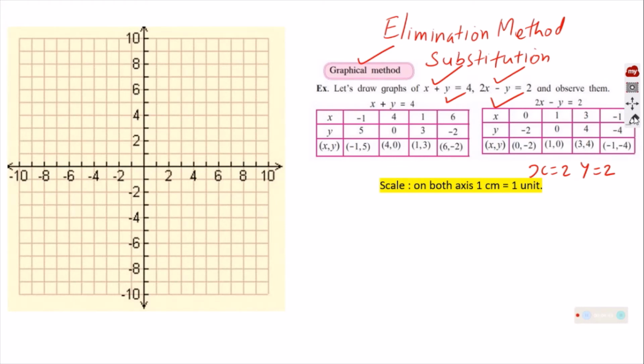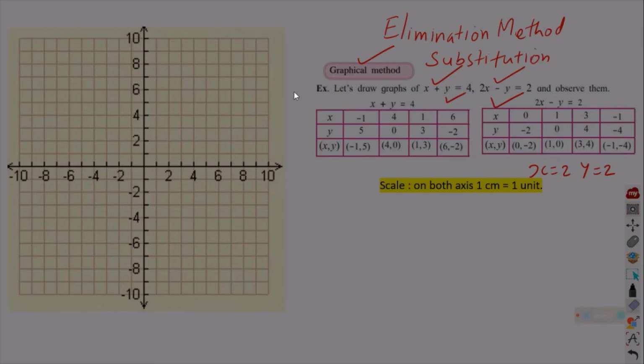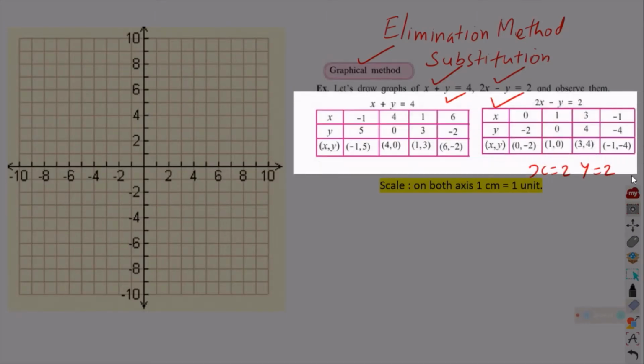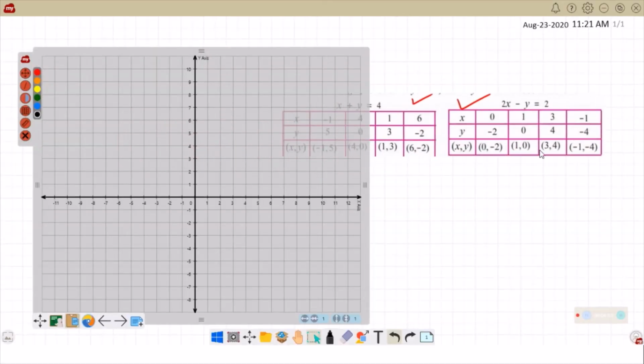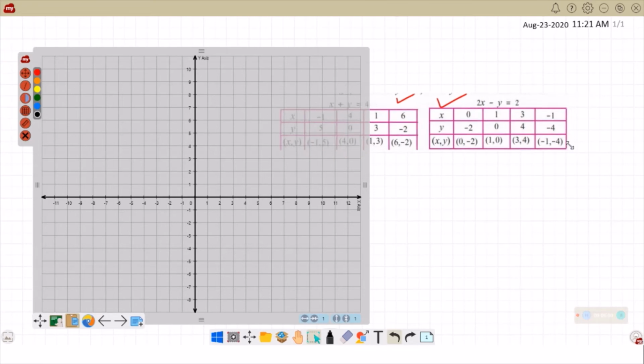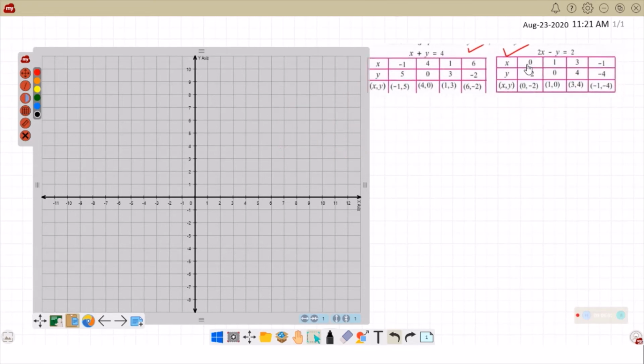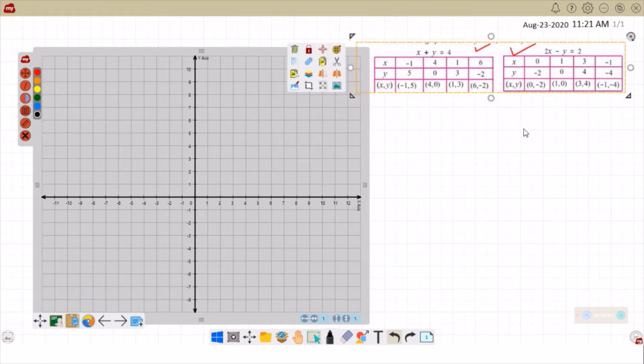I will take these ordered pairs from here only, for convenience of doing. This is what we are going to draw as a graph here. This is the simultaneous equation which we have already done, as I told you: x plus y is equal to 4, 2x minus y is equal to 2.